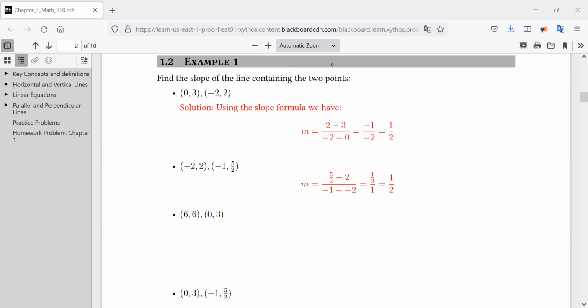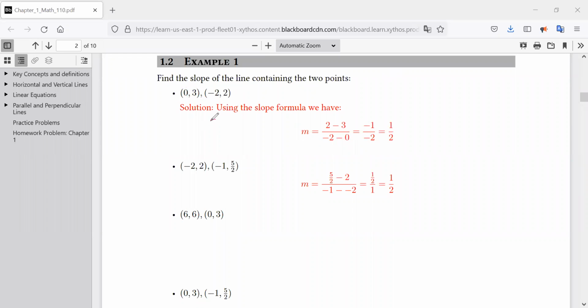It comes here already done. So you can pick either one of these to be your x1, y1 or your x2, y2. In this case, we went with this as our x2, y2, and this as our x1, y1. And then we just plug it into the equation here.